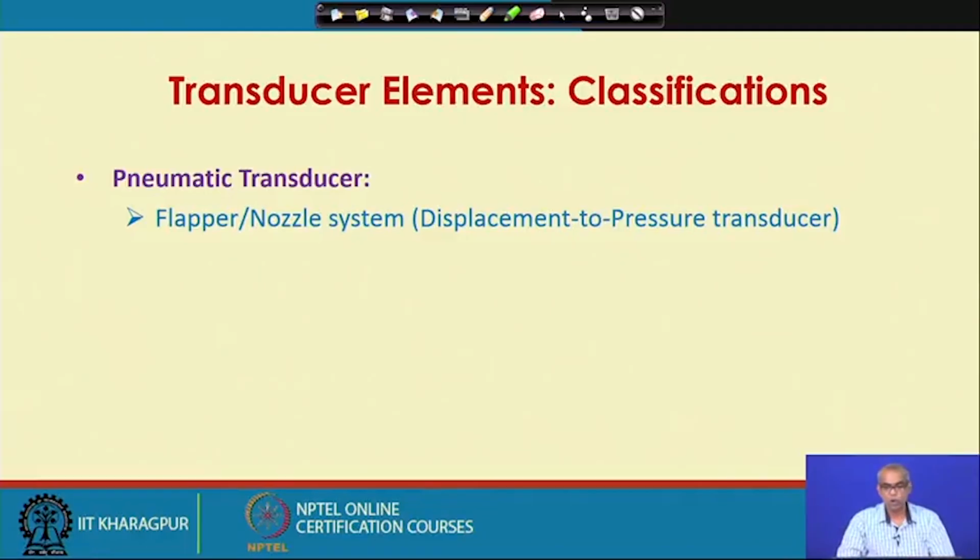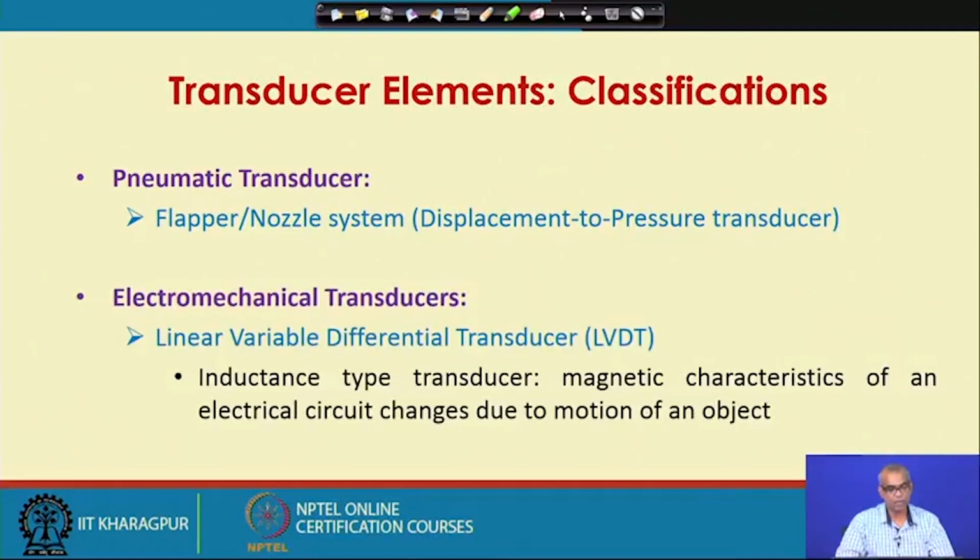So, let us talk about classifications of transducer elements. Let us broadly classify them as pneumatic transducers and electromechanical transducers. These are the two transducers that we will talk about in this week. There are others such as acoustics or optical, which we will not cover in this lecture.